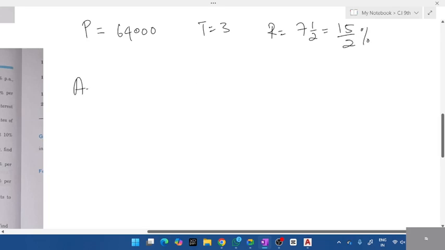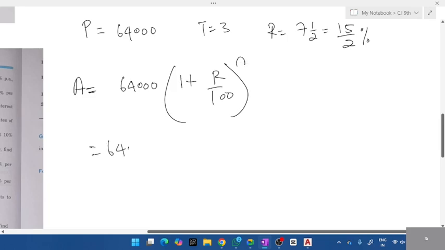Look here. In the formula, you can directly find the amount first. Always go with amount. Amount is equal to 64,000 into what is the formula? 1 plus R divided by 100, to the power N. N is how many years? 3 years, right?